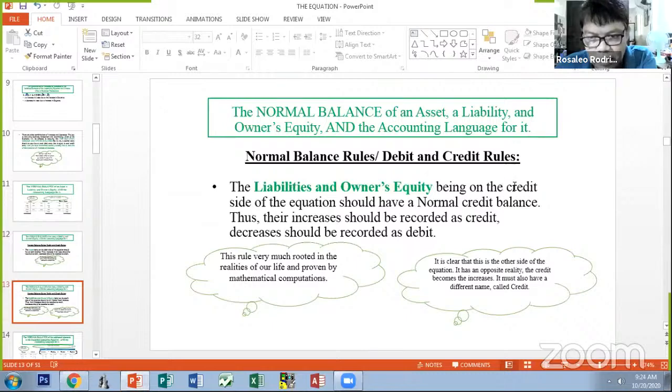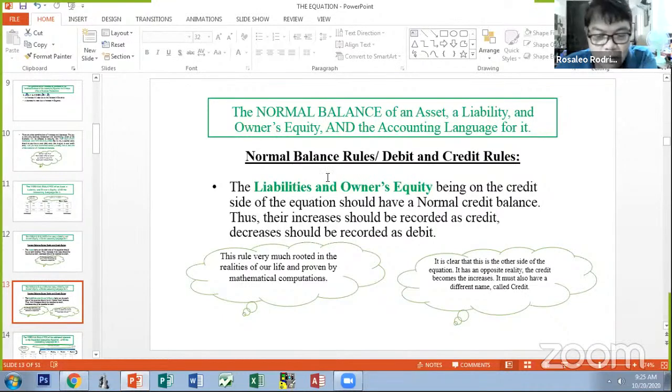Liabilities and owner's equity, being on the credit side of the equation, should have a normal credit balance. Thus, their increases should be recorded as credit. Decreases should be recorded as debit. It is clear that this is the other side of the equation. It has an opposite reality. The credit becomes the increases, so it must also have a different name called credit.